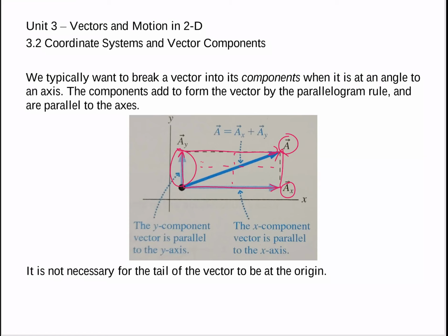It's actually a rectangle, to be more specific, but this follows the parallelogram rule. More important, because our component vectors are parallel to the axes, we've created two right triangles.